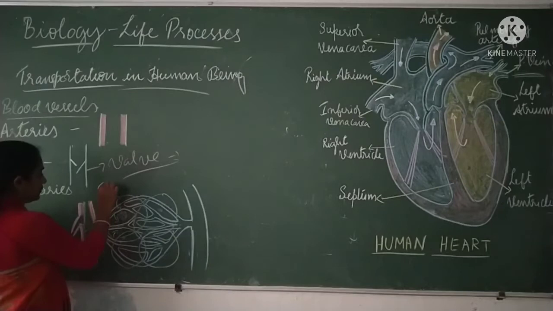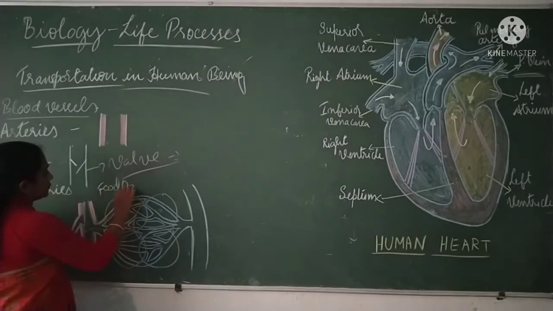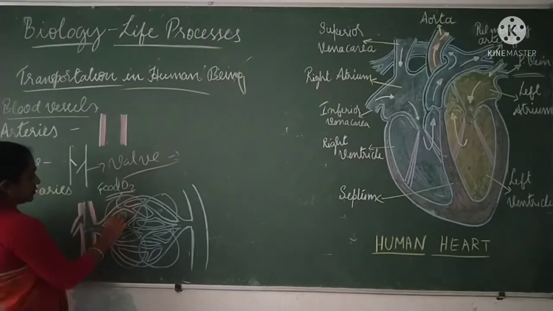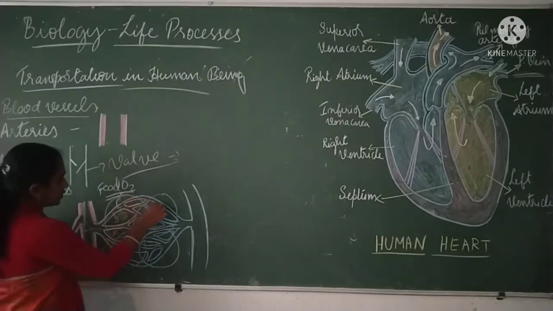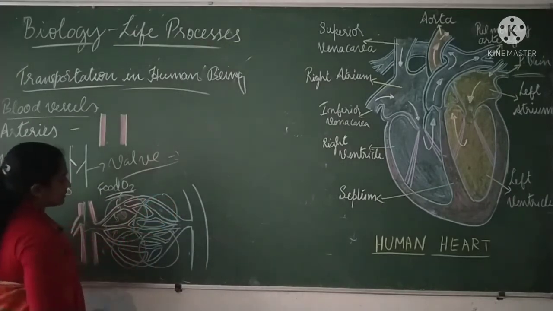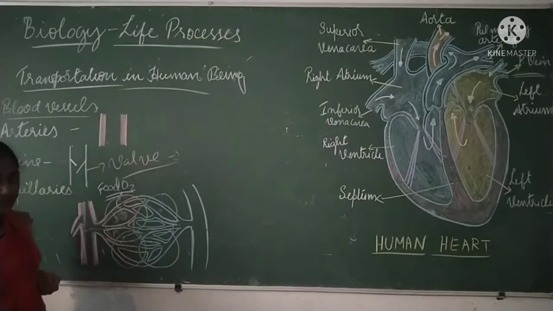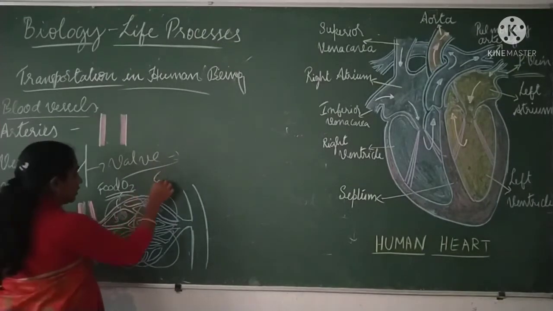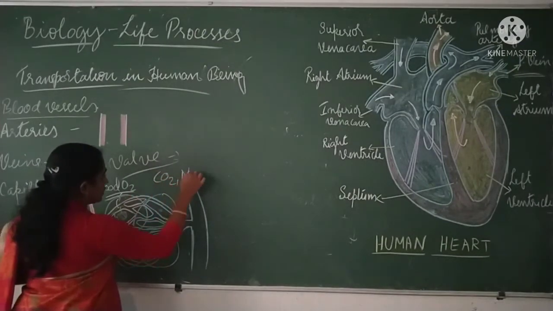So food, oxygen and other useful materials will be transferred from the capillaries, the branches of the arteries, to the organs. And from the cells, from the organs, the waste which has been produced, the waste may be carbon dioxide or nitrogenous waste.